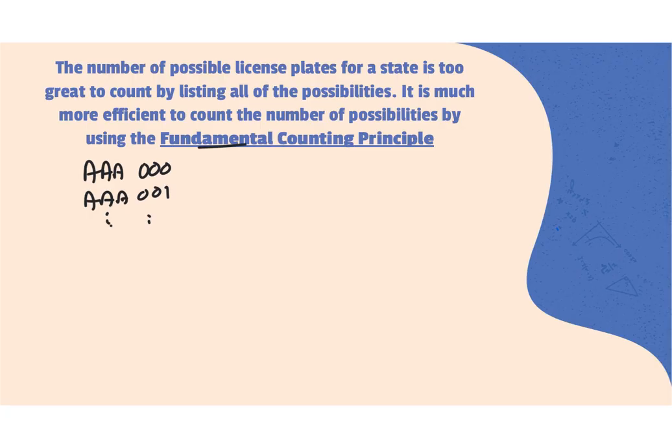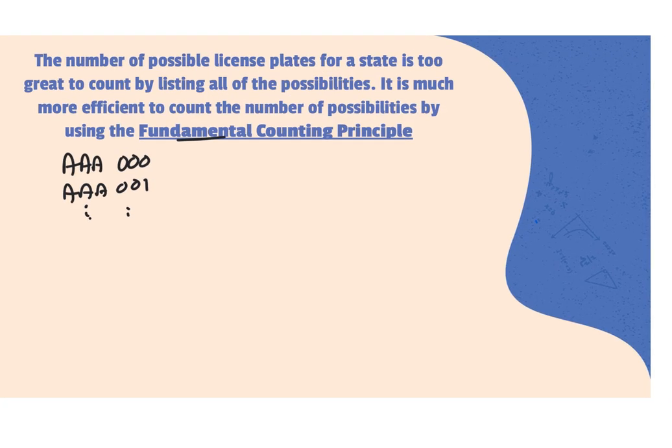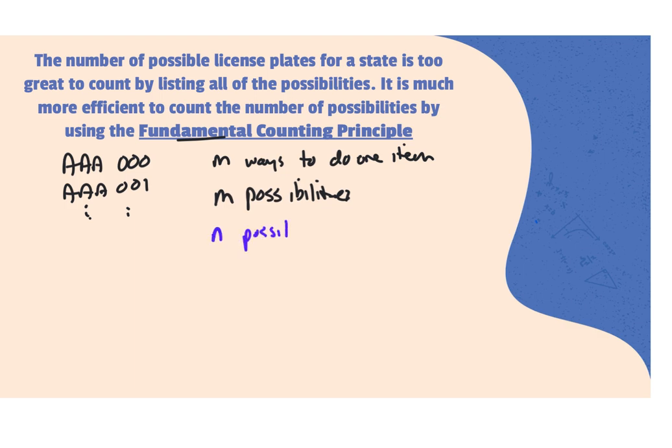The fundamental counting principle basically says this: if there are m ways to do one item or make one choice, if there's m possibilities of one thing and n possibilities of another thing, then the total possibilities is m times n.